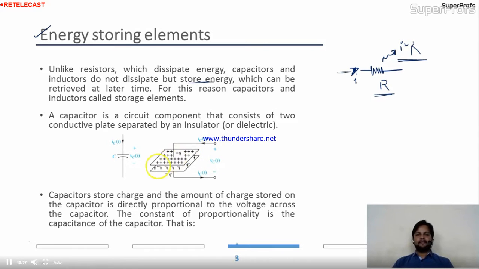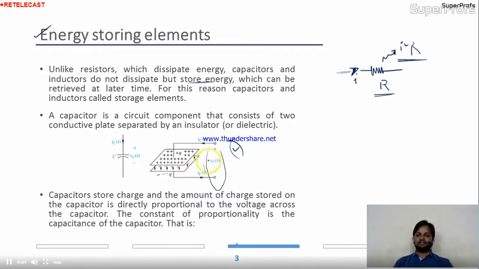Is it okay? So see, this is the capacitor given over here. This is the two plate parallel plate capacitor. Here on one plate we are having the positive charges, and on the other parallel plate we are having the negative charge particles. So it constitutes one electrostatic energy over here, or electrostatic voltage.